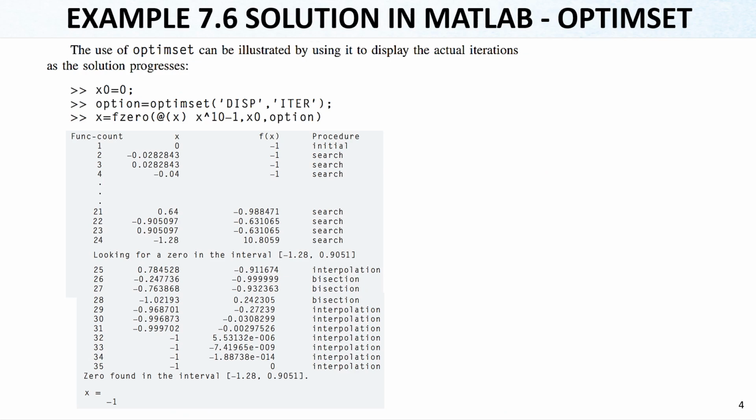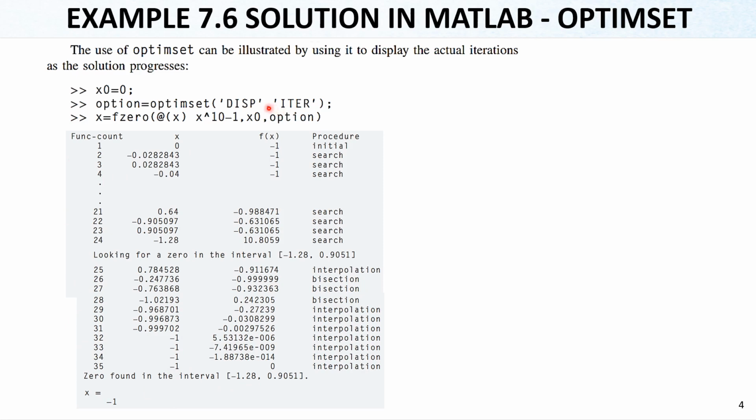We can also use the optimset term as an additional input for the fzero function, and this optimset actually defines the options for the fzero function. And we said, for example, Display and iter. That means this shows the results, as you can see here, the function iterations actually, and the results here.